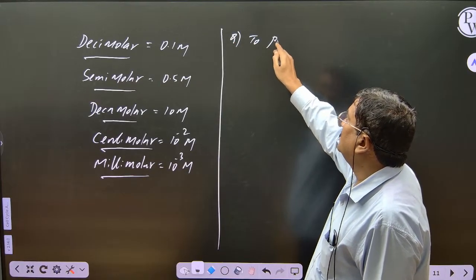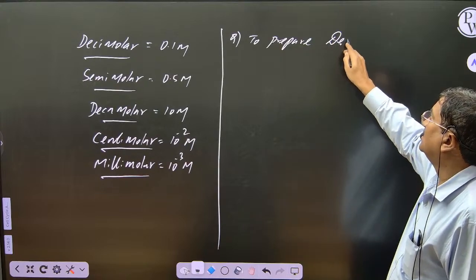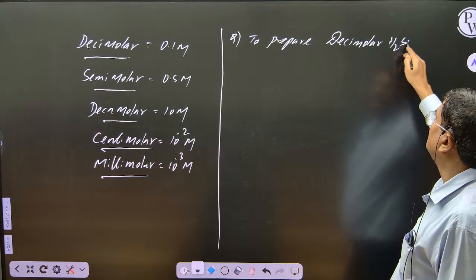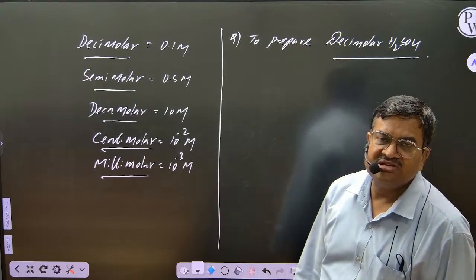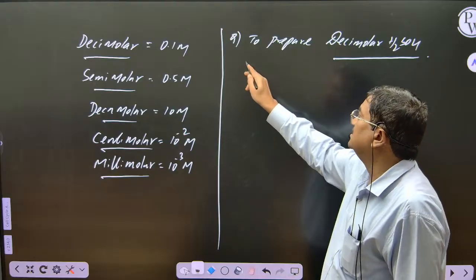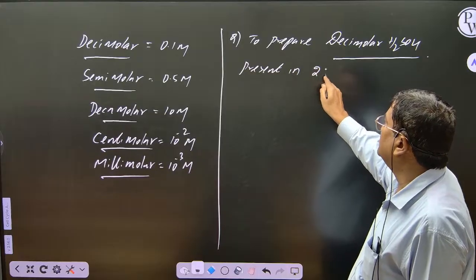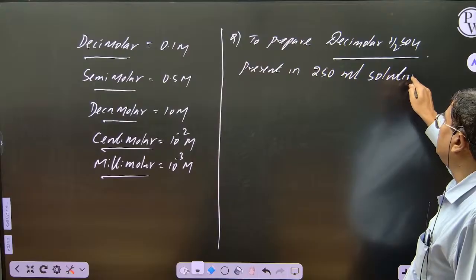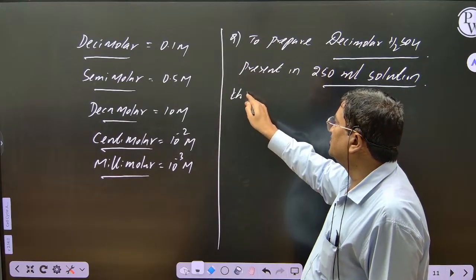To prepare decimolar sulfuric acid. The examiner says decimolar sulfuric acid. We want to prepare decimolar sulfuric acid, 0.1 molar, present in 250 ml of solution. Then find the amount of solute to be dissolved.